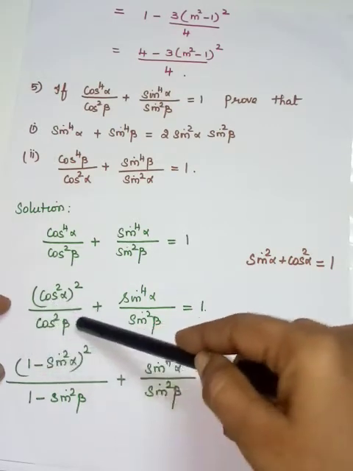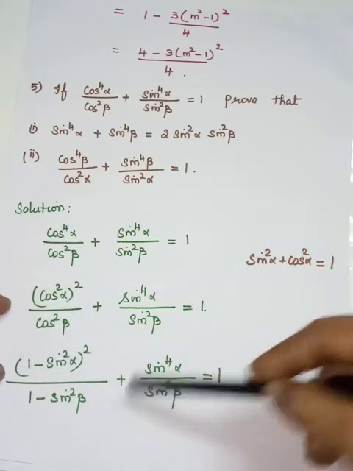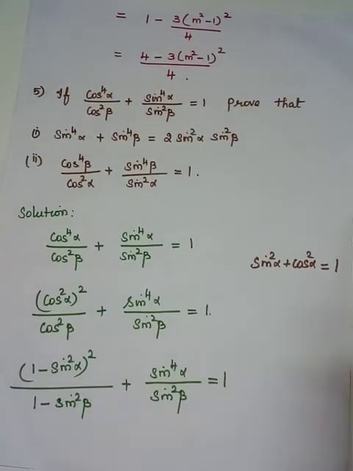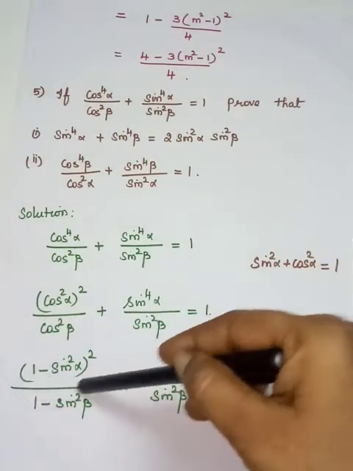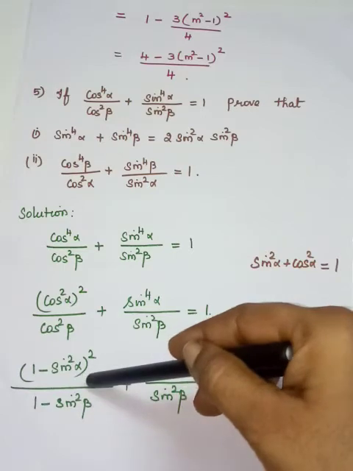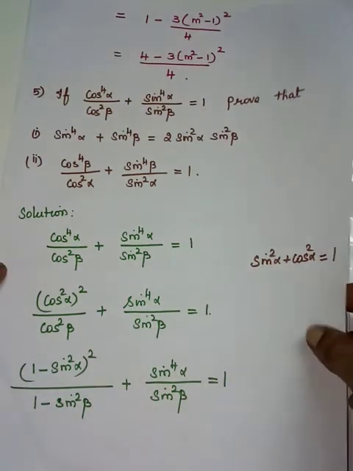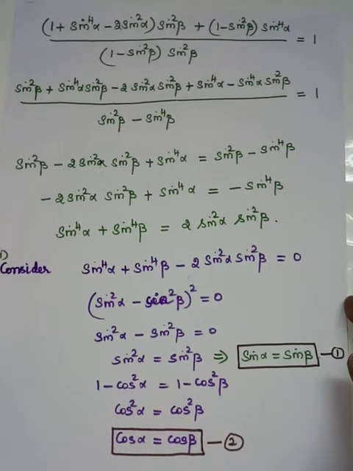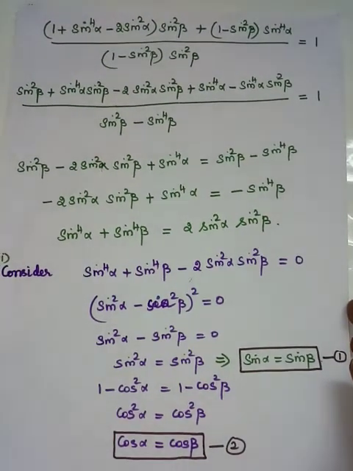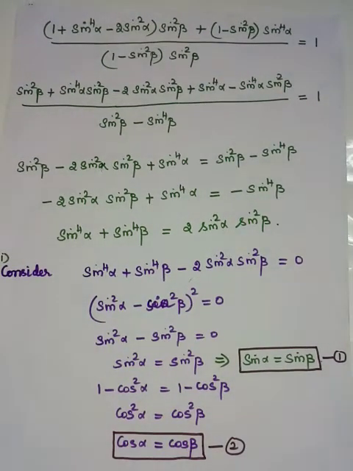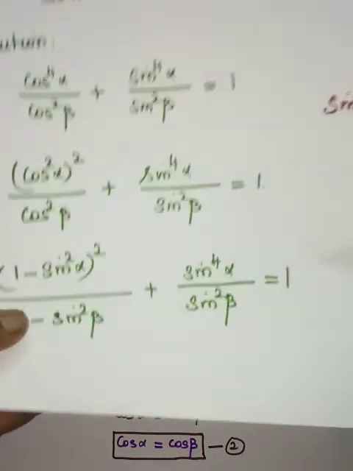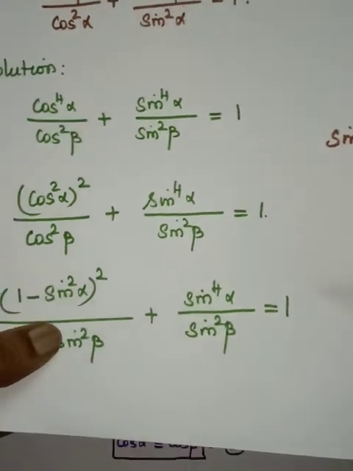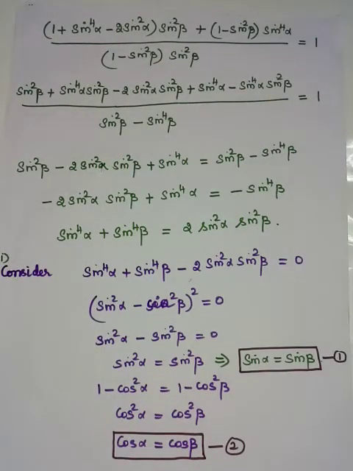Cos squared beta has to be written as 1 minus sin squared beta. And it has to be expanded using the formula (a minus b) the whole squared. A squared plus b squared, that is sin power 4 alpha, minus 2ab, that is 2 into 1 into sin squared alpha, that is 2 sin squared alpha.